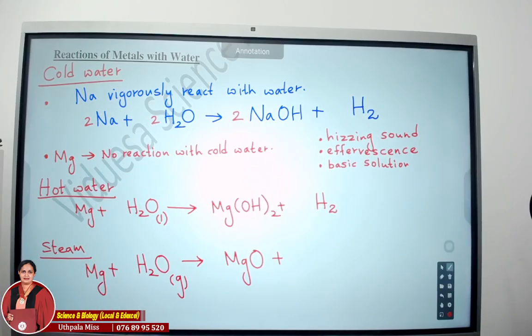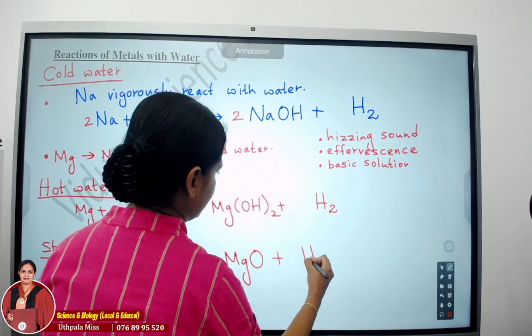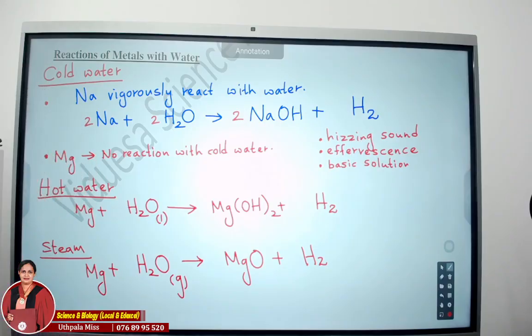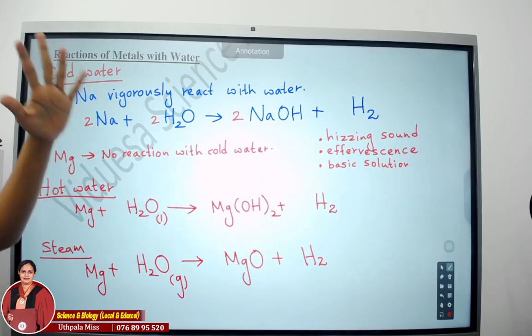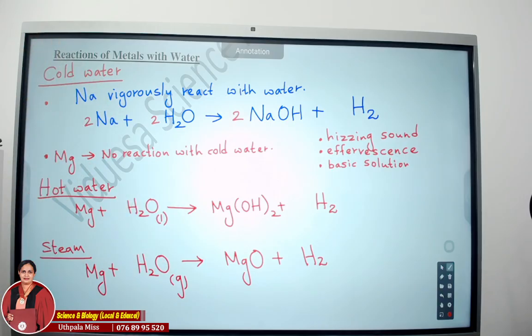Magnesium oxide and hydrogen are formed. Now balance the equations. No reaction with cold water, reacts with hot water, and further decomposes with steam.